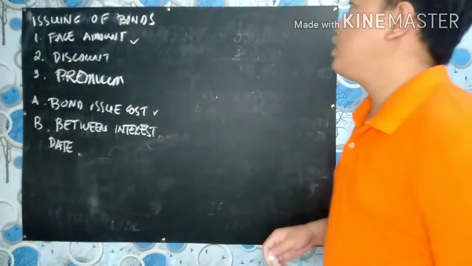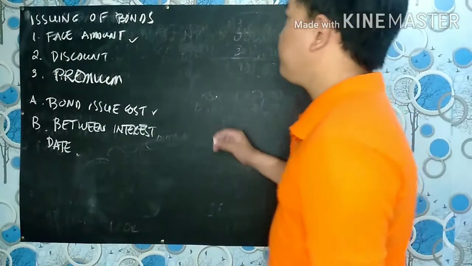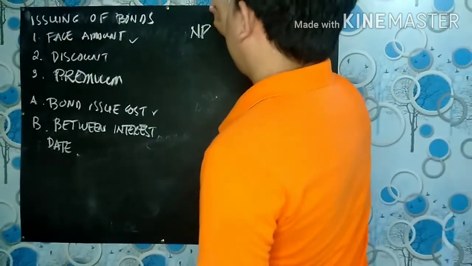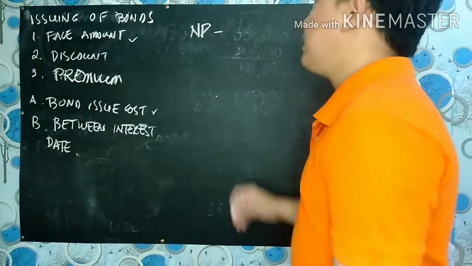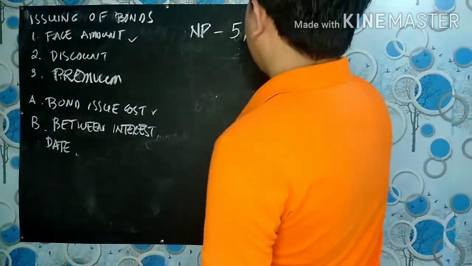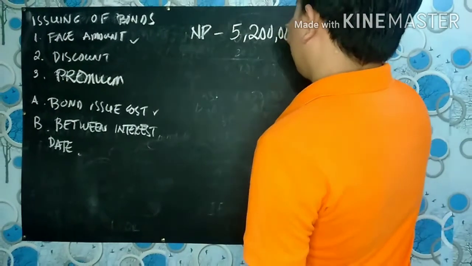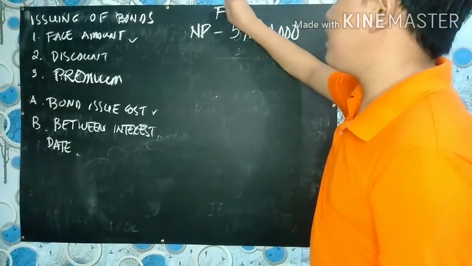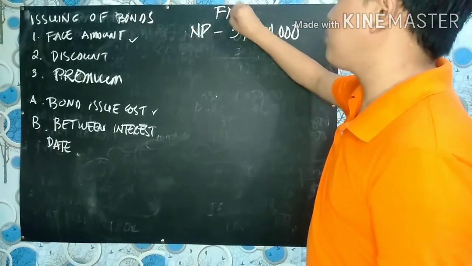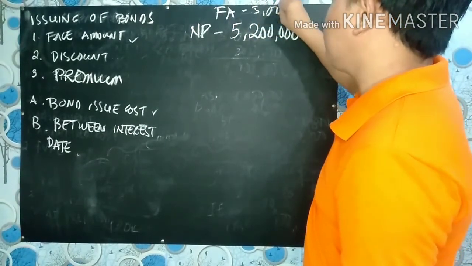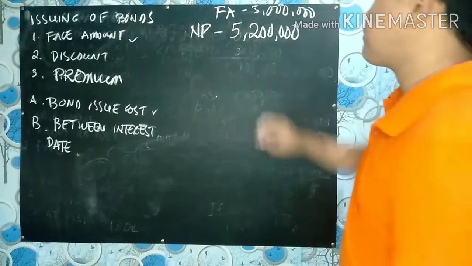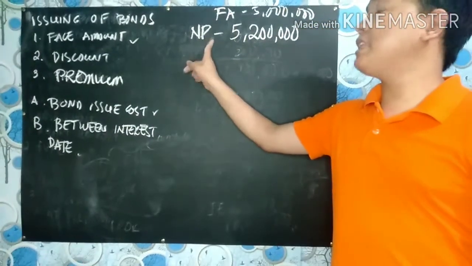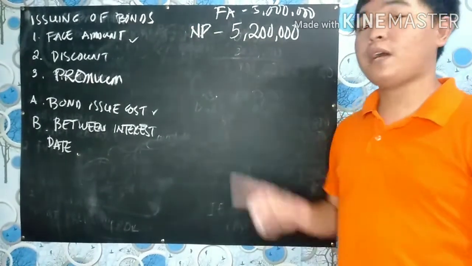Pagsamahin natin tatlo. So, let's say 5 million pa din. Net proceeds natin, sabihin natin is 5,200. Okay? Yung face value or face amount ng bonds, 5 million. Natanggap natin, yung issue natin is 5,200,000.